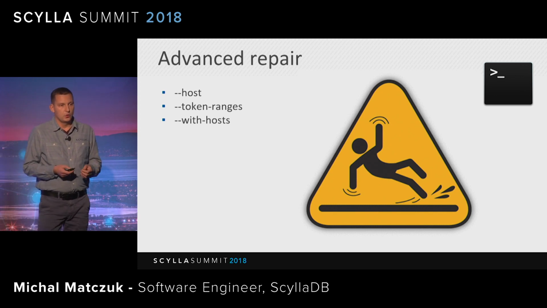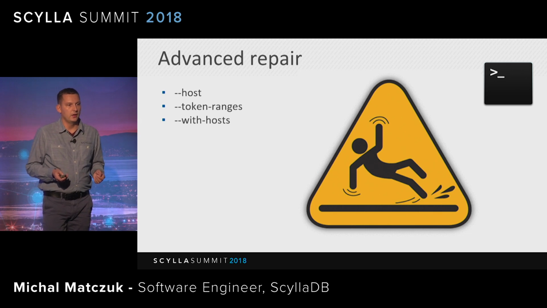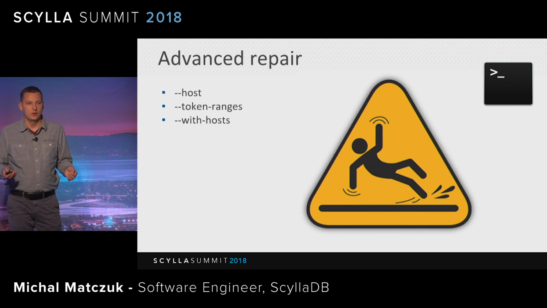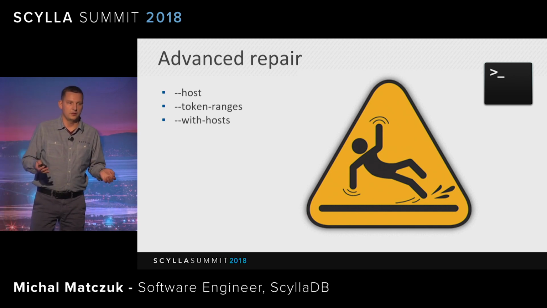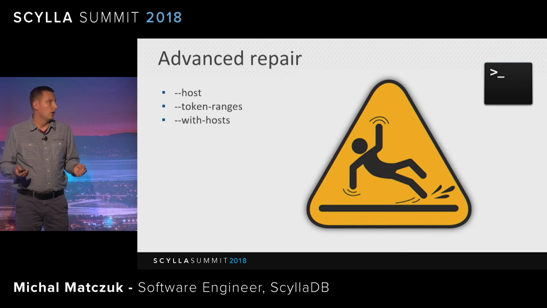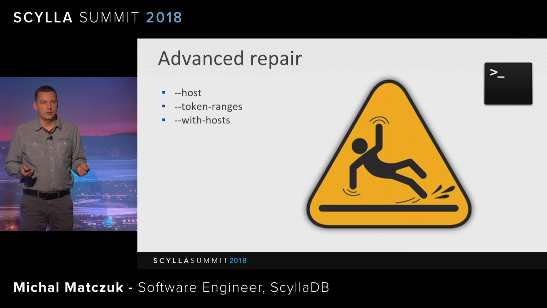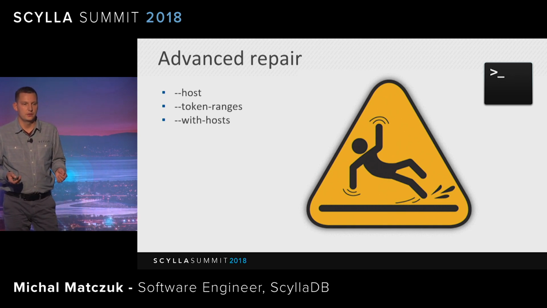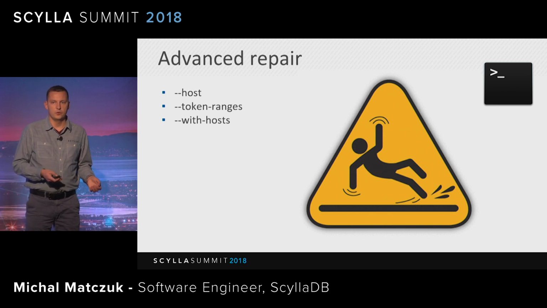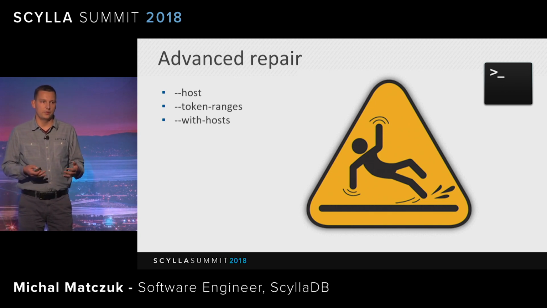Going back to sctool, you may also specify more precisely what you want to repair. Namely, you may specify a host that you want to repair, and the other host that you want to repair that host with, as well as token ranges or kind of token ranges, like primary token ranges, non-primary token ranges, or all of them.